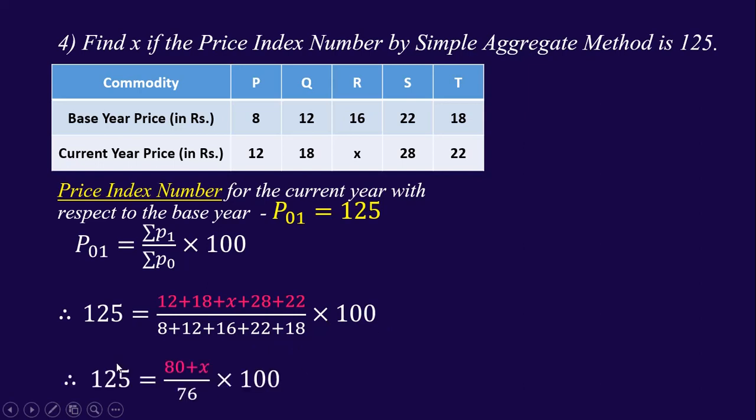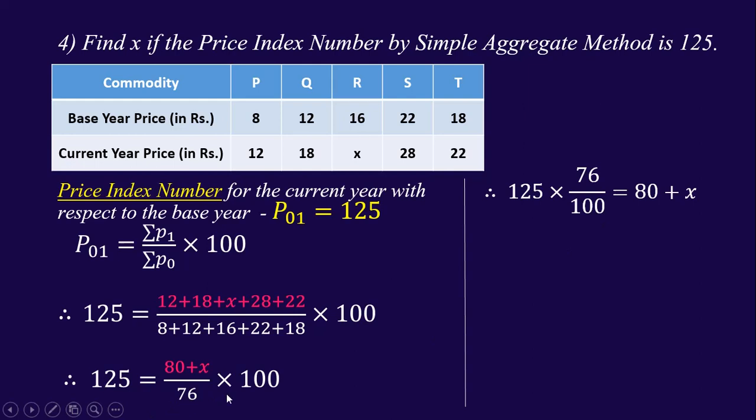Now it gives 125. This addition 12 plus 18 plus 28 plus 22 is 80, plus this x. So we get the numerator 80 plus x upon the addition in the denominator, 76, into 100. Now we only have to solve this equation and find the value of x. So 125 into 76 upon 100 is equal to 80 plus x.